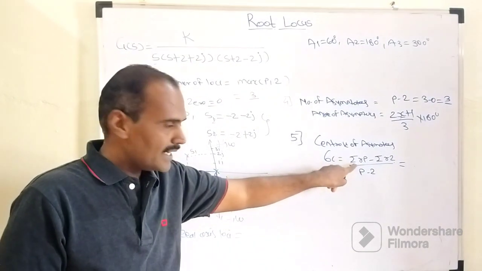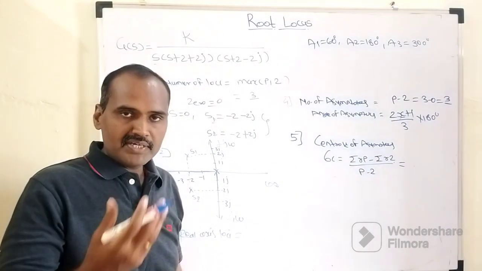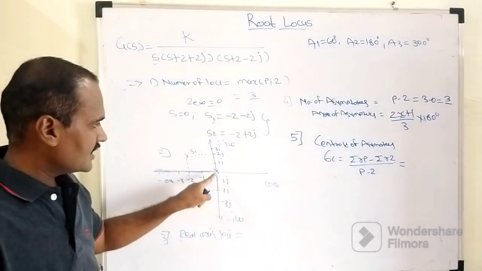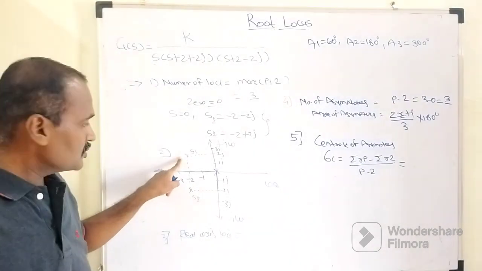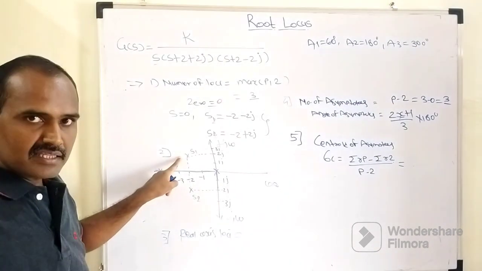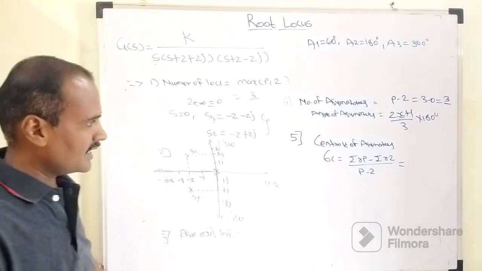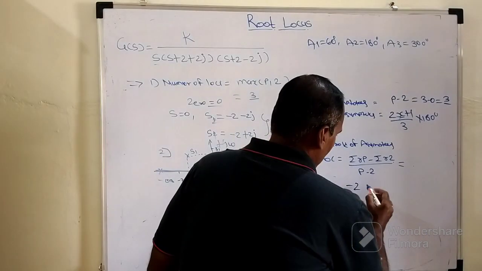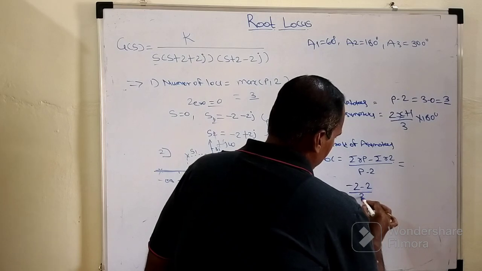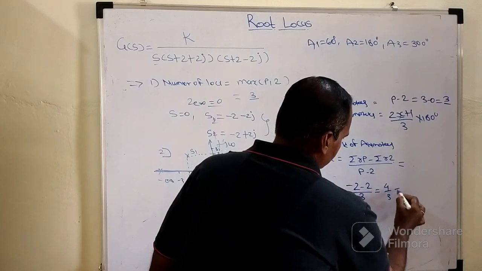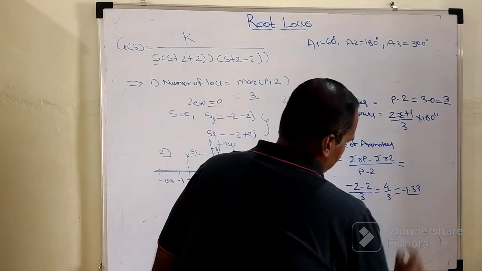For that purpose, we need to collect the real part of each and every pole as well as each and every zero. As we don't have any zero, we have 3 poles. Out of those 3 poles, one pole is located at the origin, and as far as the remaining 2 poles are concerned, their real parts are nothing but what? The poles are minus 2 plus 2j and minus 2 minus 2j, so their real parts are minus 2, which gets added with this minus 2, divided by P minus Z, which equals 3, so minus 4 by 3, which is minus 1.33.